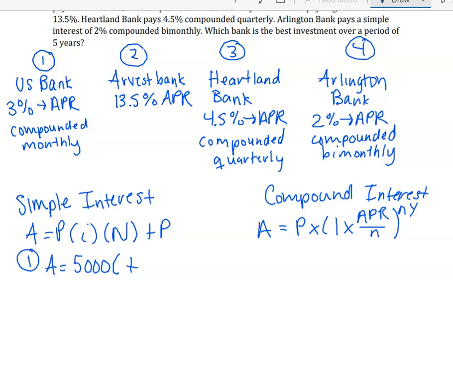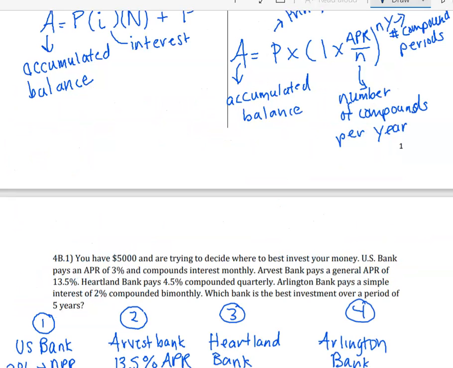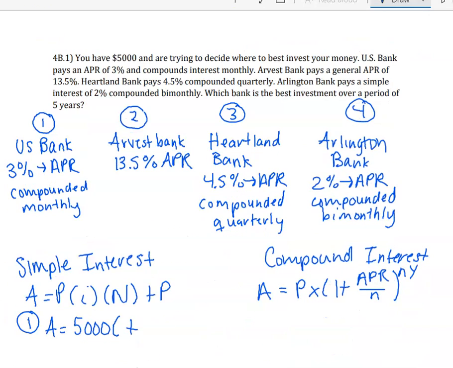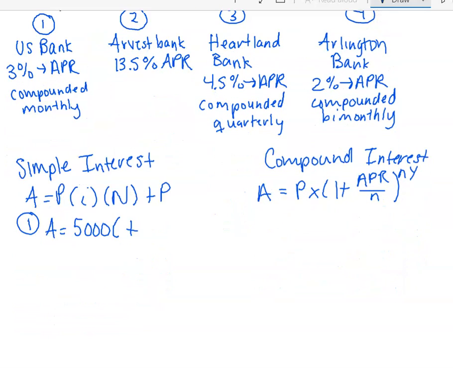I have a mistake in this formula right here. Sorry about that. This needs to be a plus. So let me change that 1 right above. So 1 plus the APR, and they told us that they had an APR of 3%.